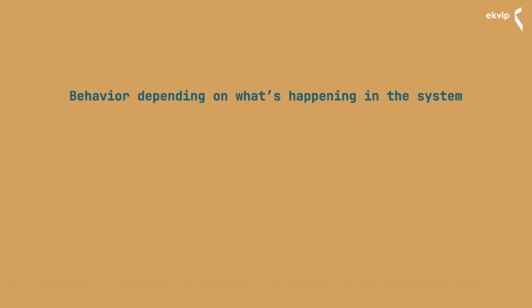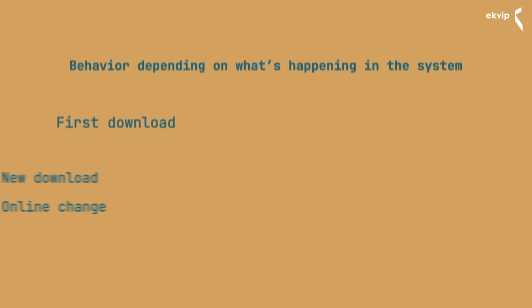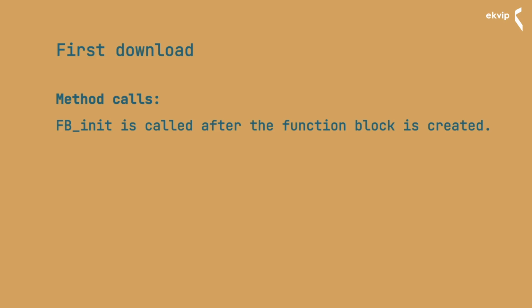Now let's dive into how these methods behave depending on what's happening in your system. The three main cases are first download, new download, and online change. Operating case 1, first download. What happens when you download the PLC project to a brand new controller? Method calls: FB_init is called after the function block is created.